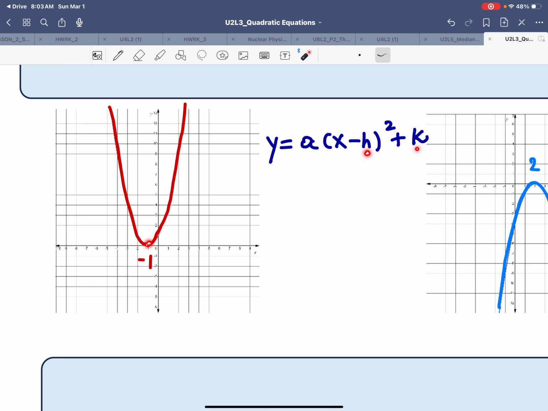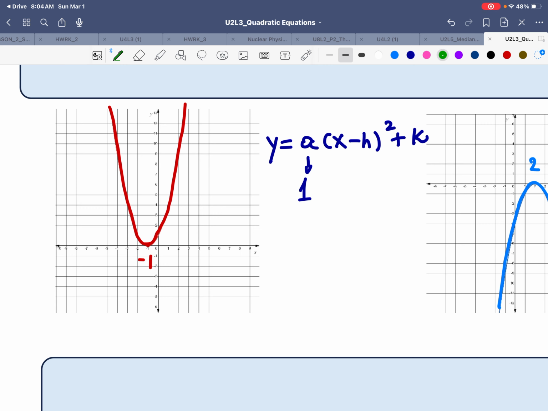That's why we want to use the vertex form of the quadratic equation to find the equation. The value of a is always going to be the step pattern that you find starting off the vertex, moving over 1, and then vertically up or down, whatever the case may be, to hit the parabola again. In this case, it seems that we're moving 1 unit up. So that will make the value of a, in this case, equal to 1.